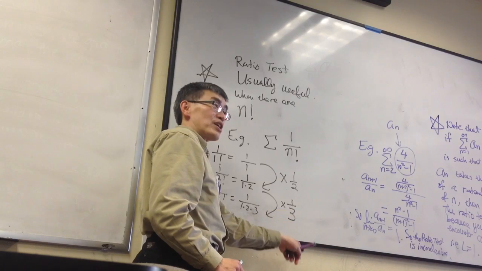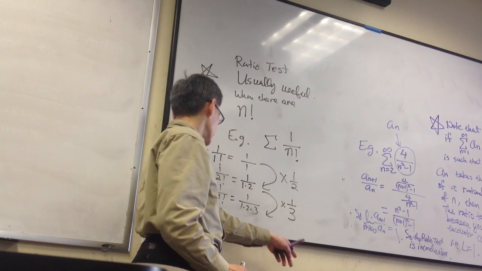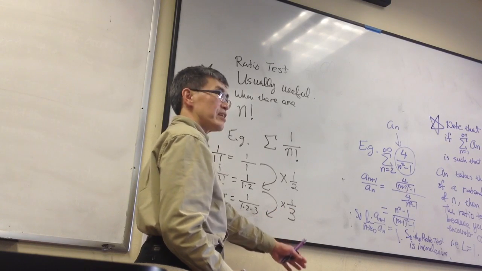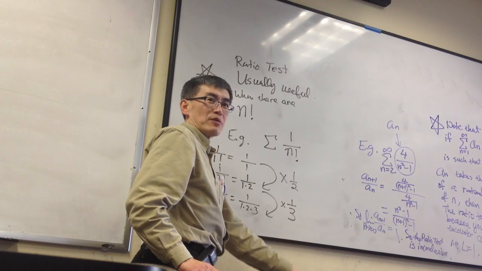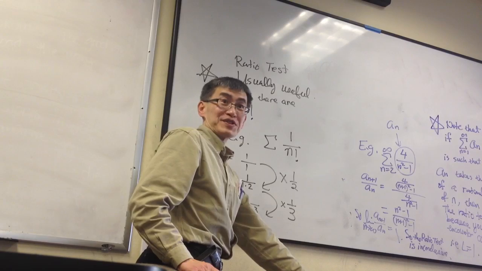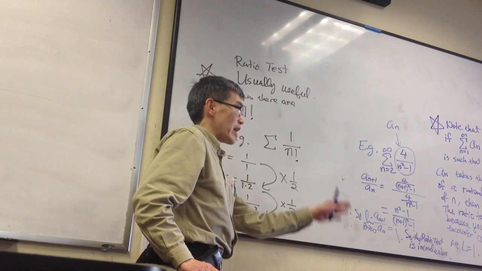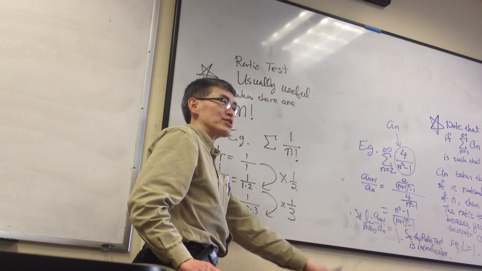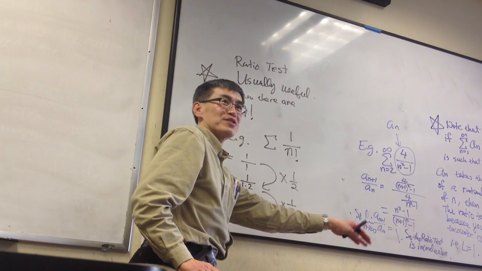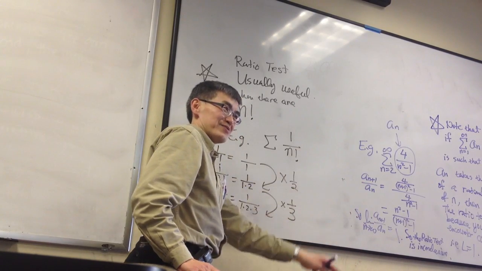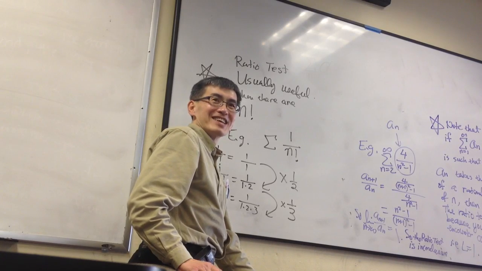See that? These neighboring term ratios are getting smaller and smaller. So what? In going from, say, a10 to a11, you multiply by what? 1 over 11. In going from a99 to a100, you multiply by what factor? 1 over 100. So you see that it drops off very quickly.